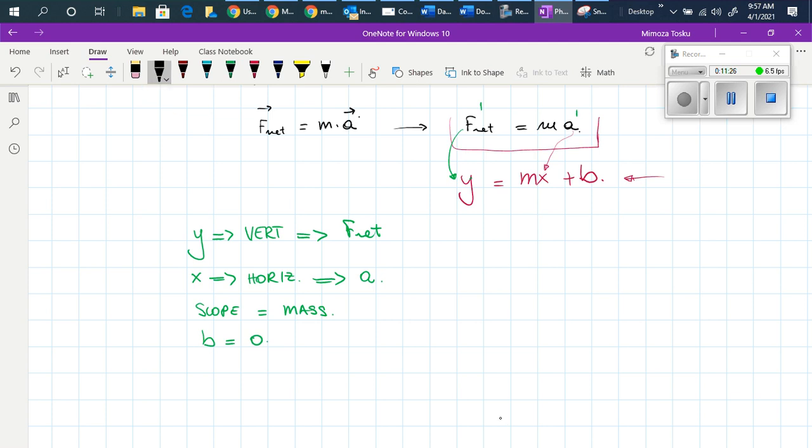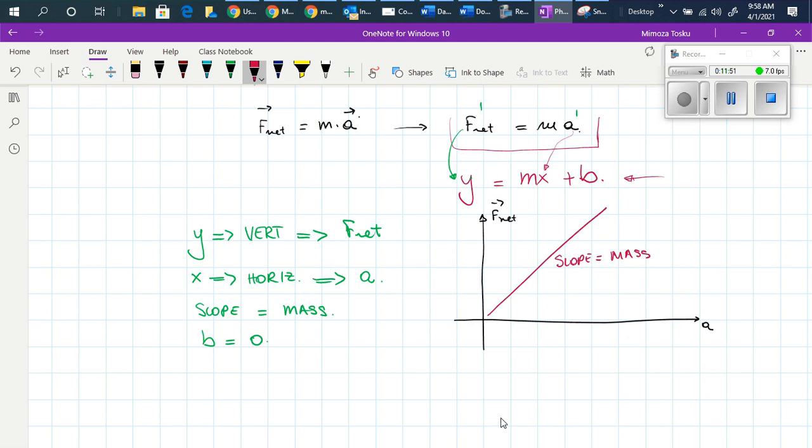So the graph you're expecting in this experiment is force net here and acceleration here, and you will see a straight line where the slope is equal to the mass of the object and the y-intercept is equal to 0. I hope that this makes sense.